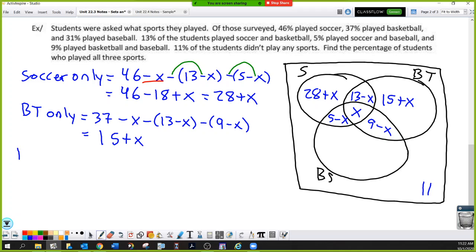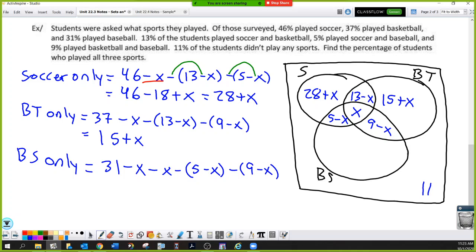And then the last one, for baseball only, would be the same trick. Baseball was supposed to be what? 31. So it'd be 31 minus x minus the 3 that we see. Forgot the minus sign again.